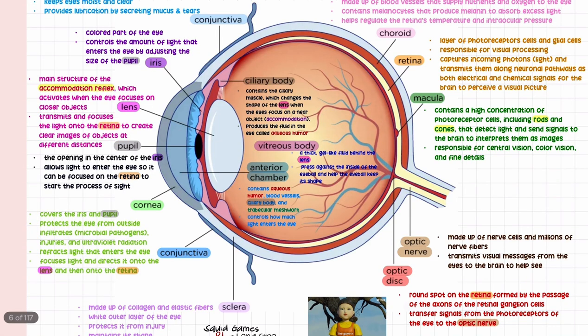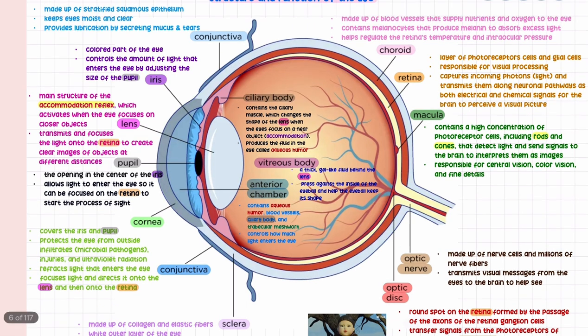We have here the sclera. It's this part, this light blue part. This is made up of collagen and elastic fibers. This is what protects the eye from injury. It maintains the shape, that circular shape of our eye, that ball-like shape.